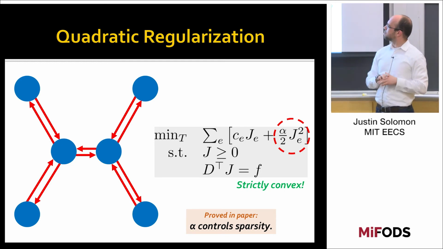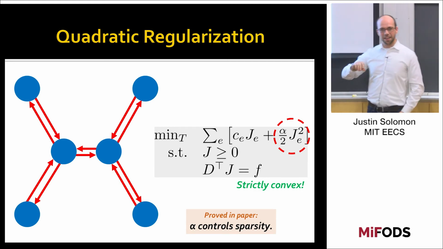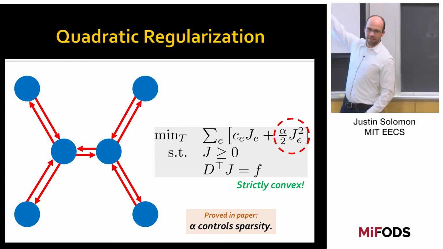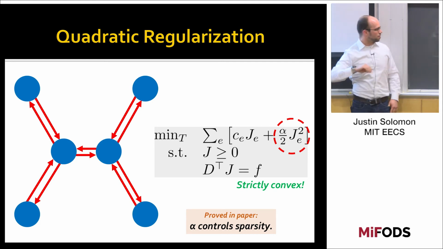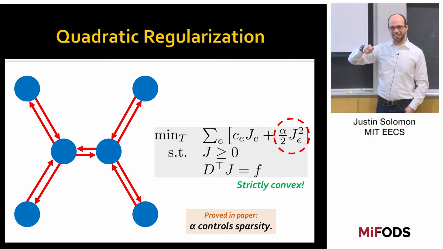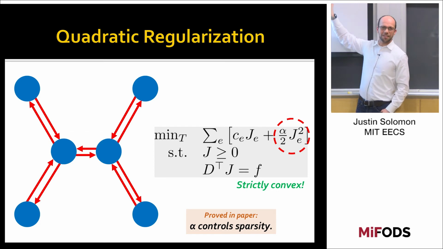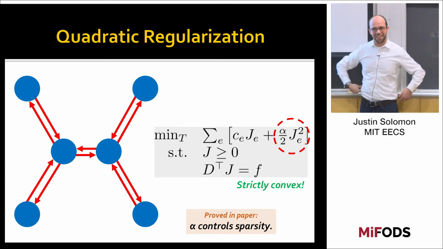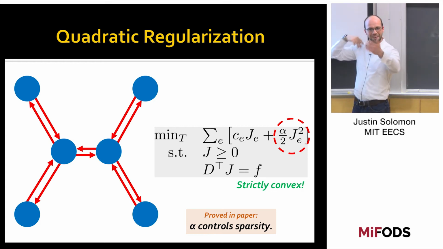So one thing that you can prove, our proof is like a little technical and nasty. My hope is that someday somebody can tell us why it's really like a two-liner, is that if you take this parameter alpha and you just increase it and you look at the sparsity of your flow as a function of alpha, what you expect is that the sparsity decreases, or the number of edges on which there is flow increases, which kind of makes sense because least squares wants to spread stuff out.